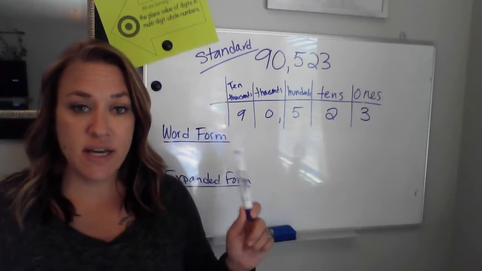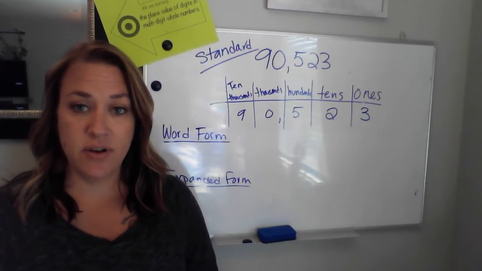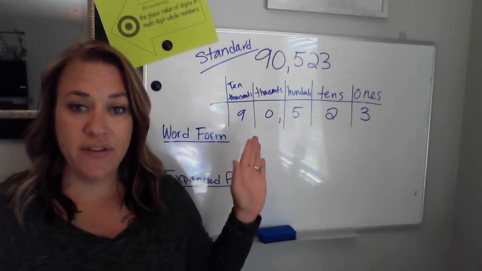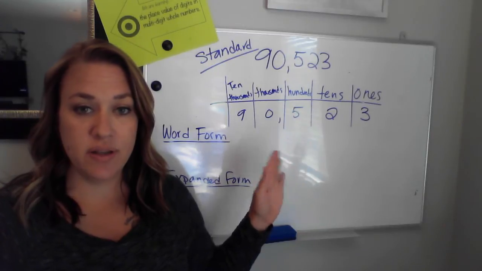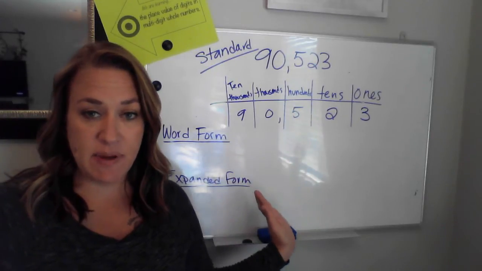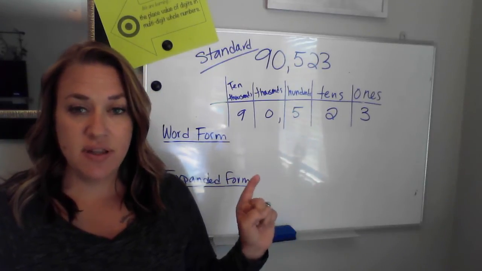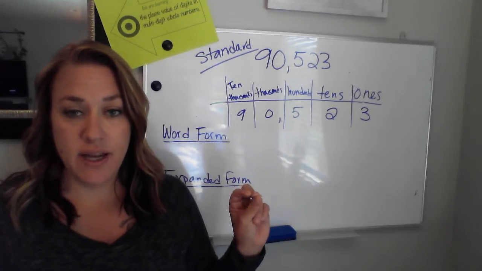Okay, so we have our standard form of 90,523. We have it in our place value chart to help us with the word form and the expanded form. So I'm going to show you what this is going to look like those 3 different ways.